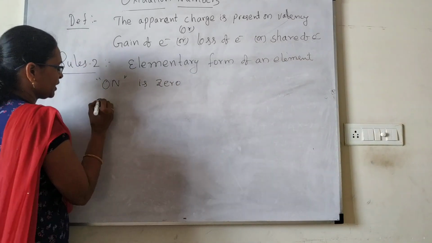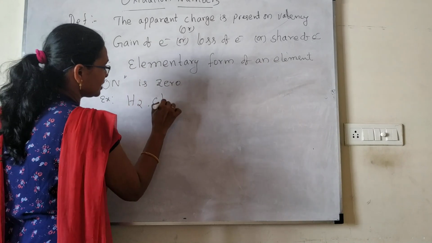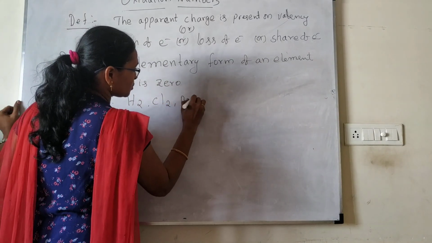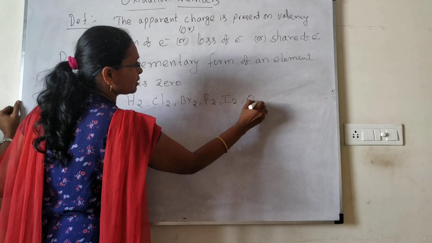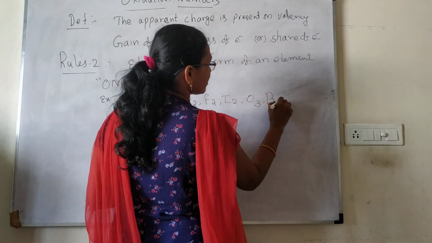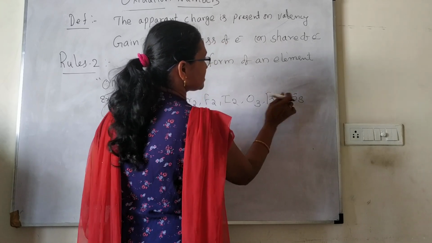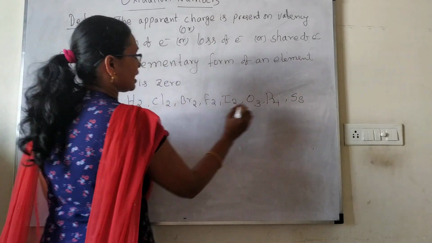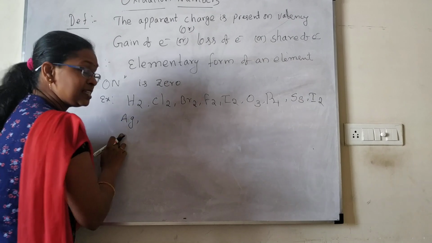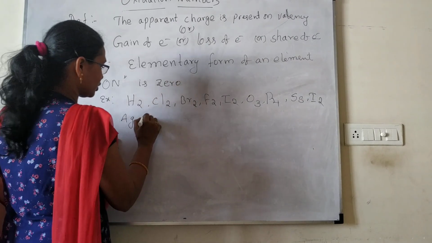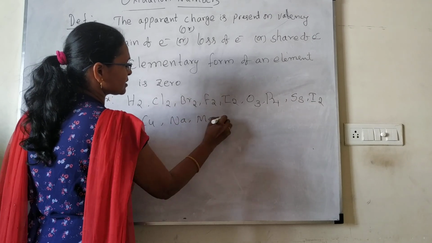For example, H2, hydrogen, diatomic, Cl2, Br2, fluorine F2, I2, even O3, P4, S8, and metals like Ag. Metals are monoatomic, as I said: Cu and even Na, Mg, etc.